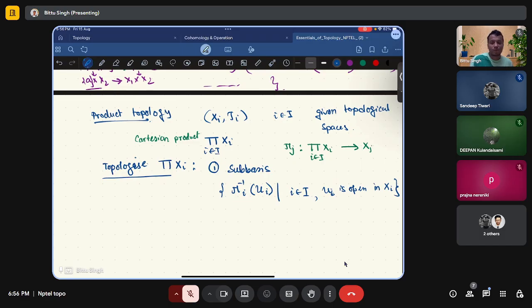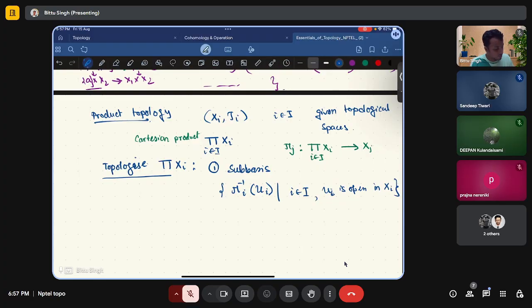That will give me a subbasis, because what is the definition of a subbasis? A subbasis covers this product. You can check that if you take the union of all those things, that will be the product. That's why it is a subbasis.